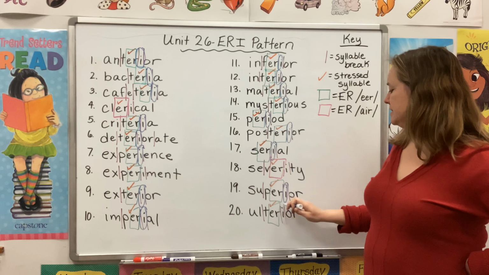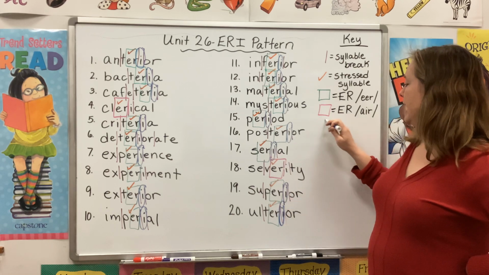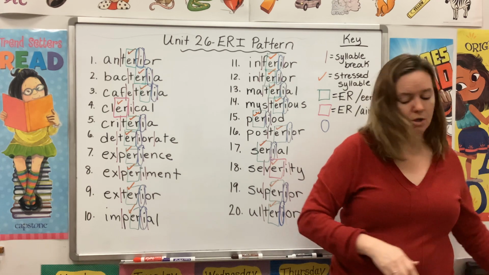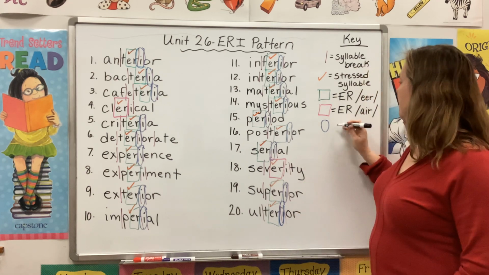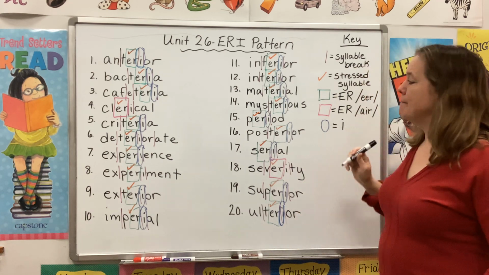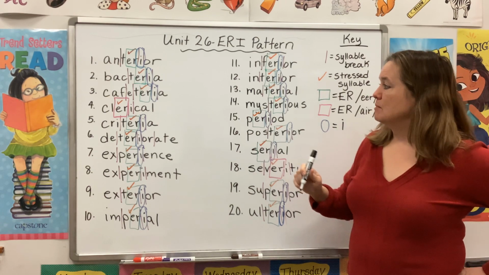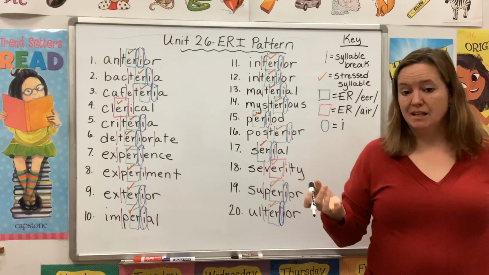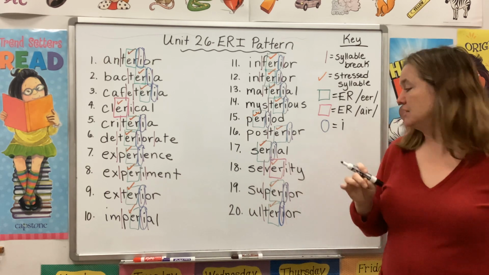Superior and ulterior. In all of these words that I circled in blue, we have the letter I by itself. Notice in all of these words, it's its own syllable. There's no other letters in that chunk.